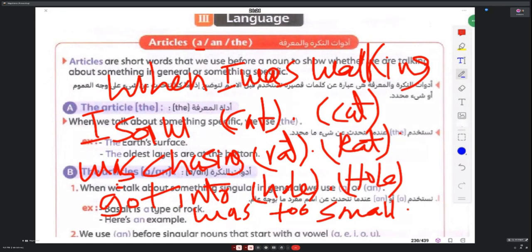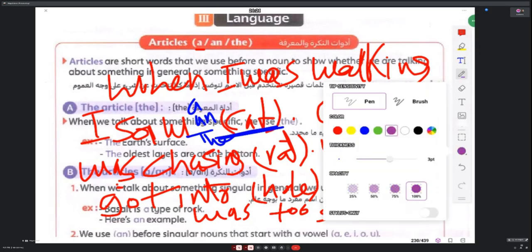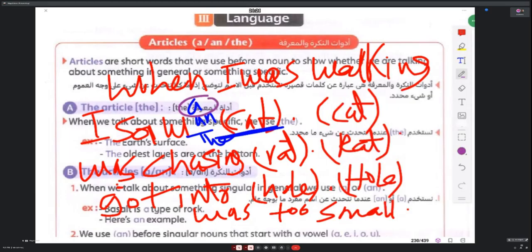When I was walking in the street, I saw a cat, or an cat, or the cat?